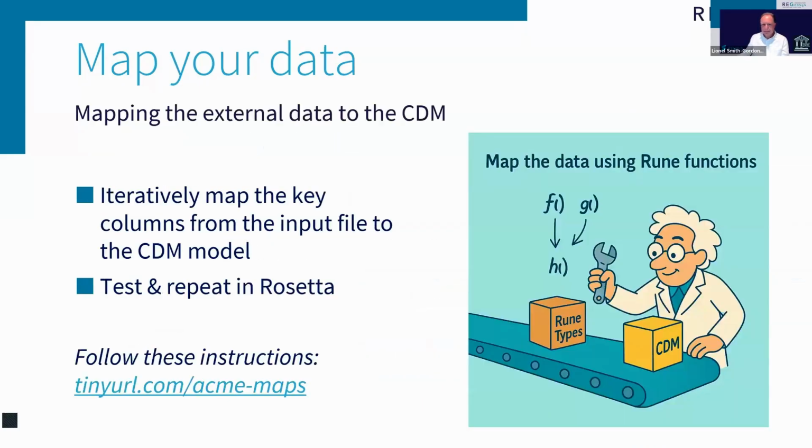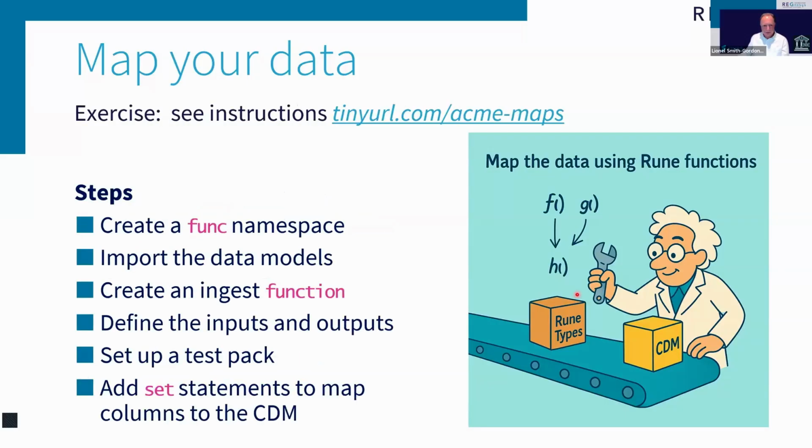So in a similar manner, I'd like you to have a go at this. There's another page of instructions that you can work through. That's the tiny URL Acme Maps, and I'm sure my colleagues will paste that as well. I'd ask you to have a go at some of the next few steps, and then in a few minutes I will work through it with you and show it to you as well.